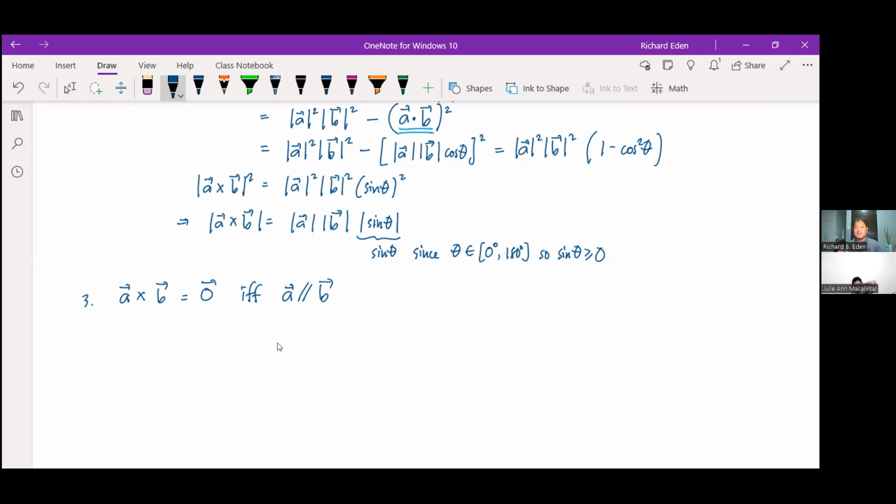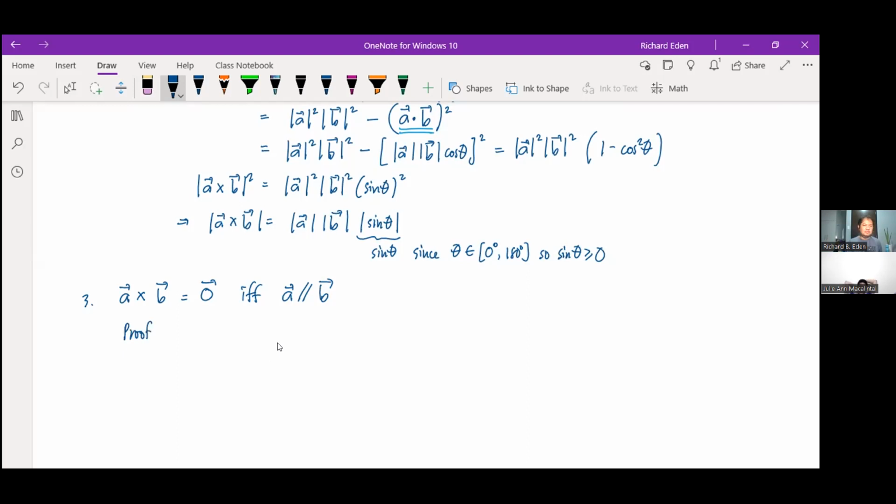V cross V is always going to be the 0 vector. But actually the more general situation is that the two vectors don't have to be the same as long as they are parallel to each other. Of course, V is parallel to itself. But in general, as long as they are parallel, the cross product is going to be 0.